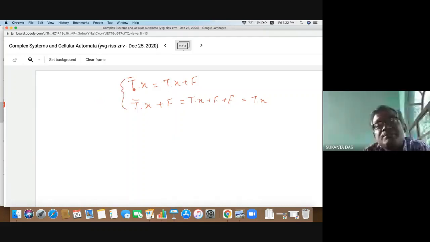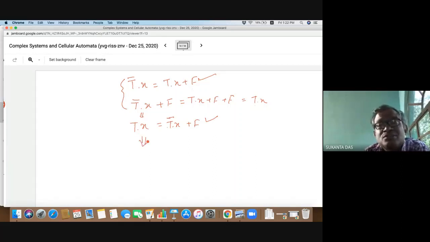Here T bar x, T bar is expressed in terms of T and f. Here similarly, I can express this T in terms of T bar and f. So what I get from here, the Tx is nothing but a similar type of thing plus f. Just the roles of T and T bar, that position has been changed. If you look at this one and this one, here T bar then T, here T then T bar.